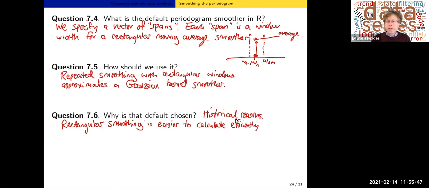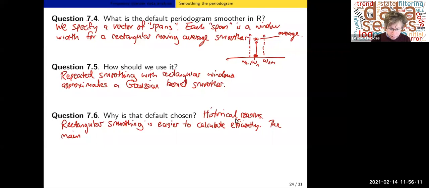People started taking the Fourier transform of time series data to look at frequency components before they even had computers. And then imagine doing a Fourier transform by hand, but people did.